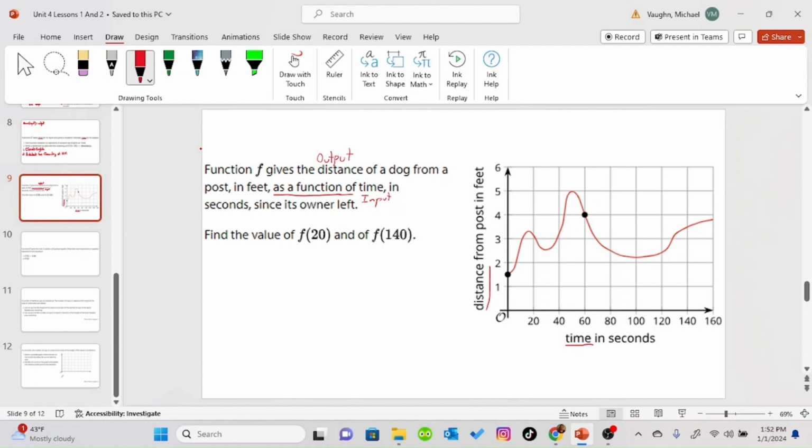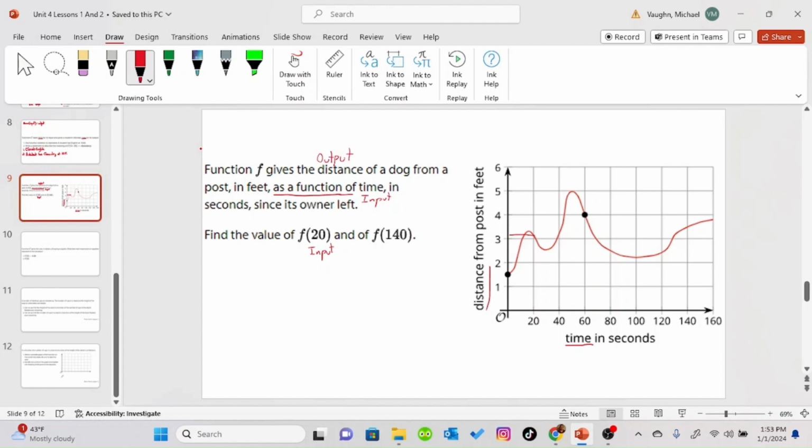Remember that what is in parentheses is the input. So if I want to know what f of 20 equals, I go over to 20 for my input. I go up until I hit the line, and I see that it's right here where y is just above 3 feet.